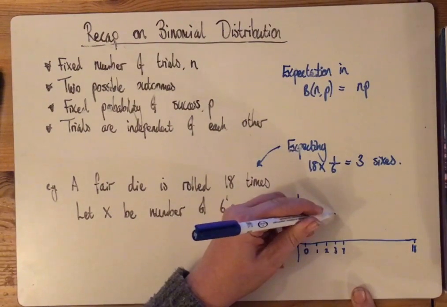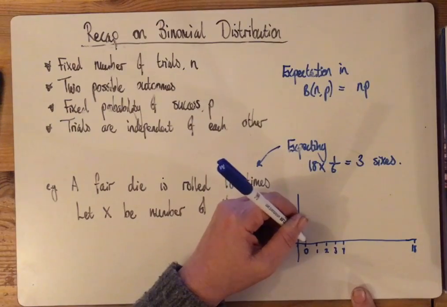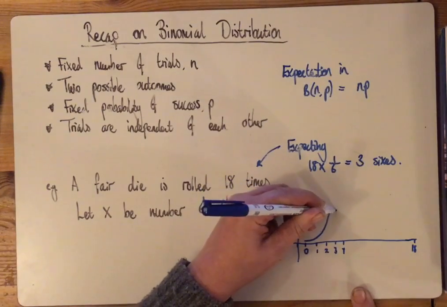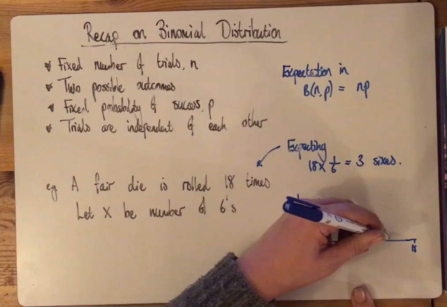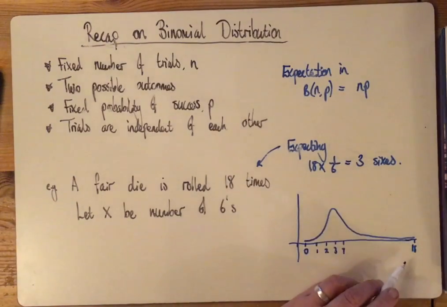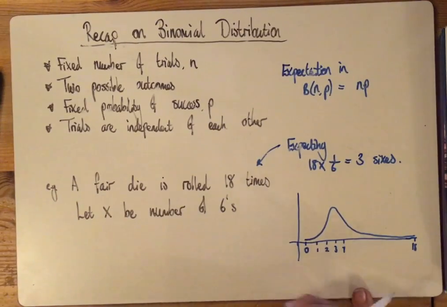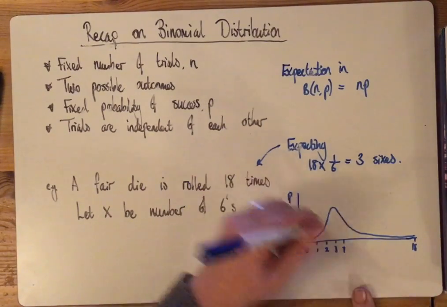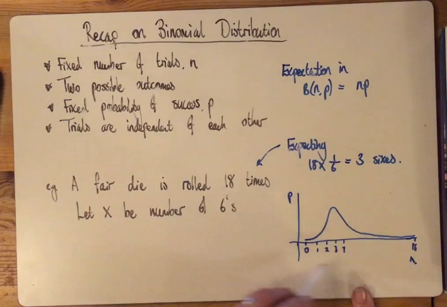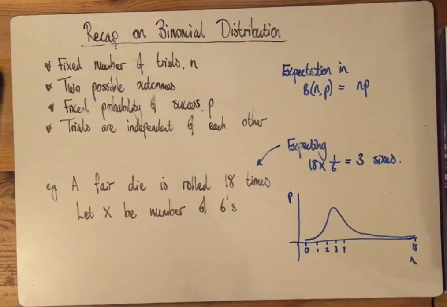And the highest probability here is going to be at 3. So this has a positive skew. You could get all 18 sixes, but it's incredibly unlikely. So the probabilities drop down either side of 3.